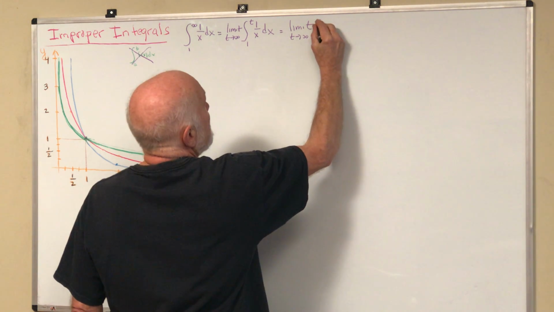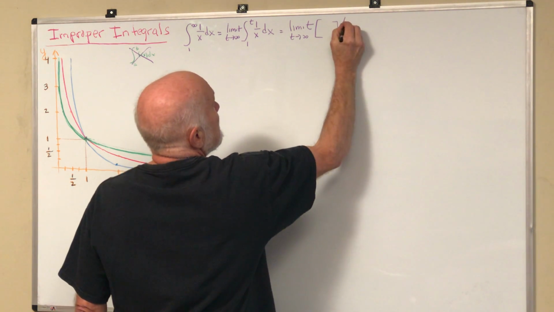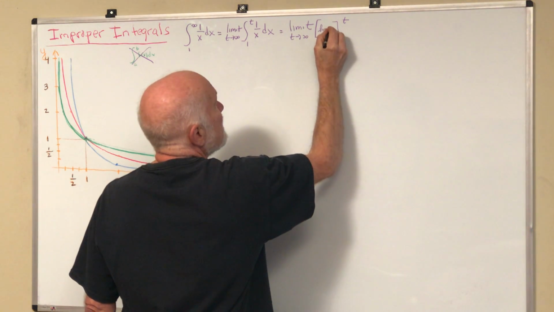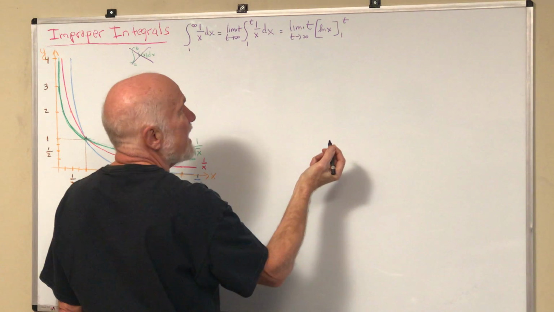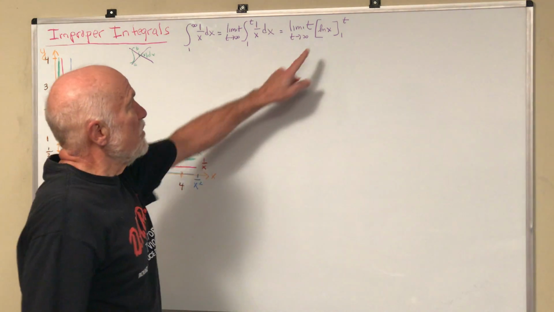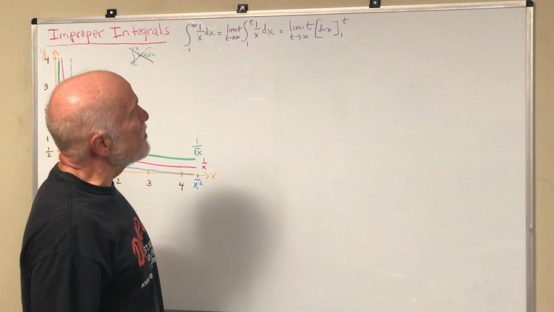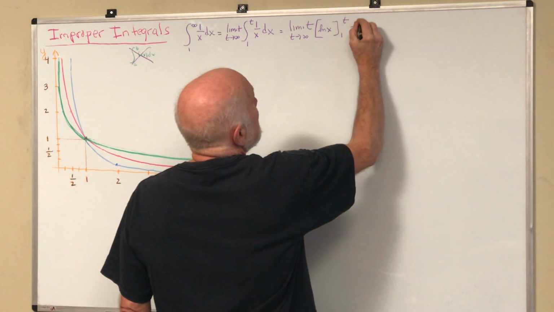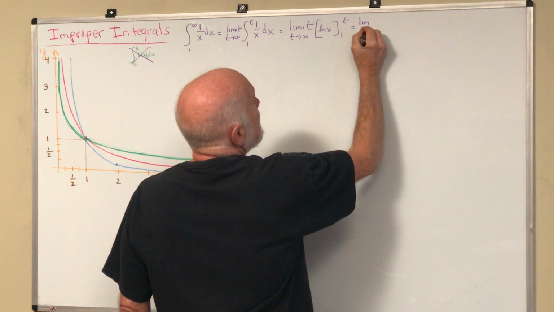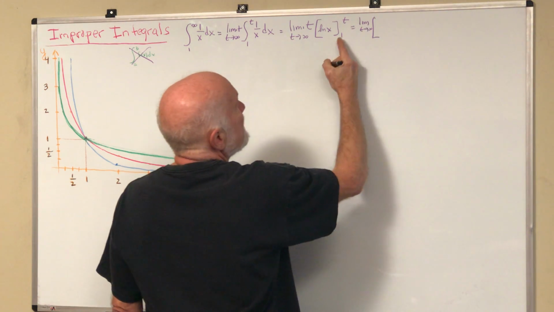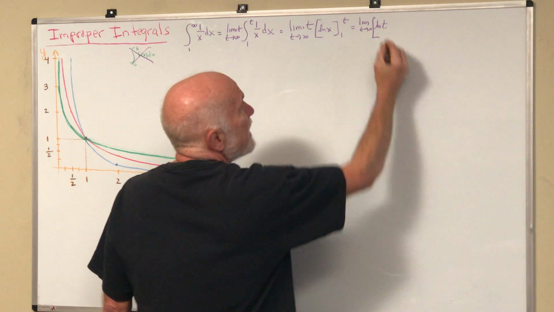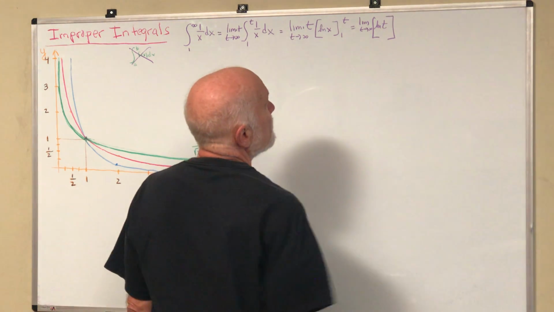So the antiderivative of 1 over x dx is the natural log of the absolute value of x, but we don't have to worry about absolute value because we're going to numbers bigger than 1. So if we plug in, we get the natural log of t minus the natural log of 1, which is 0.